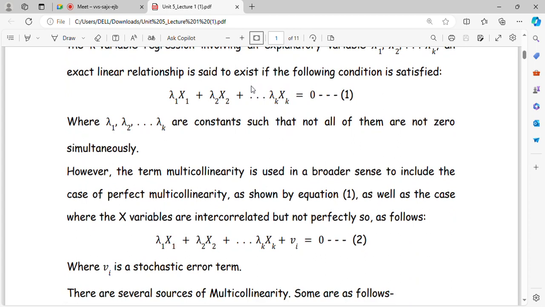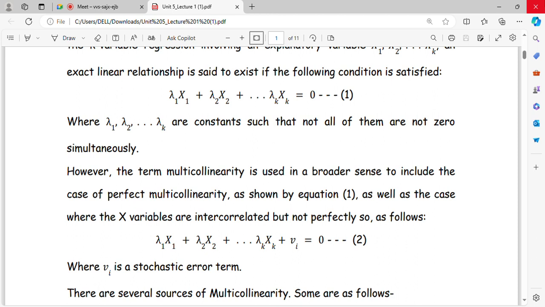However, the term multicollinearity is used in a broader sense to include the case of perfect multicollinearity as shown in equation 1, as well as the case where the x variables are intercorrelated but not perfectly, so that there is some stochastic error term vi in the equation.